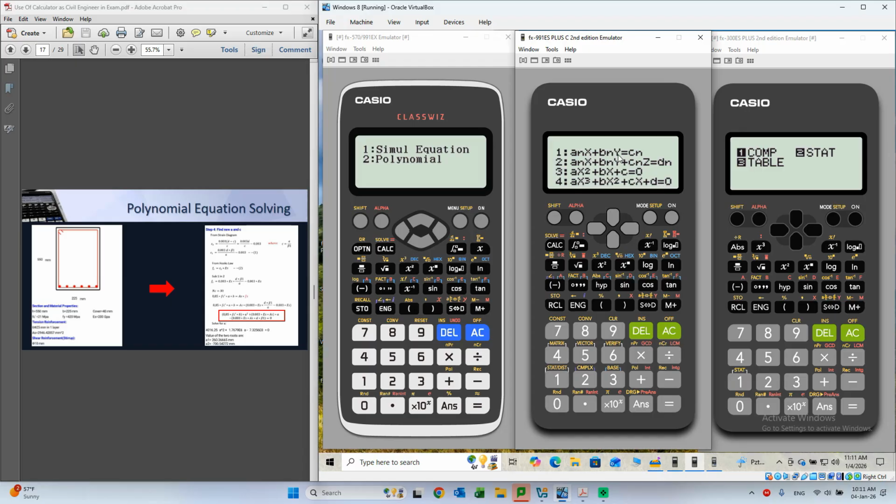If you have two unknowns, it says a n x plus b n y equal to c n. So the constant will be after the equal. If you have a second degree, third degree, the constant is before the equal, so it's equal to 0. That's very important because when you're preparing the equation, you have to prepare them according to this. Because if the number is before the equal or after the equal, the sign might change.